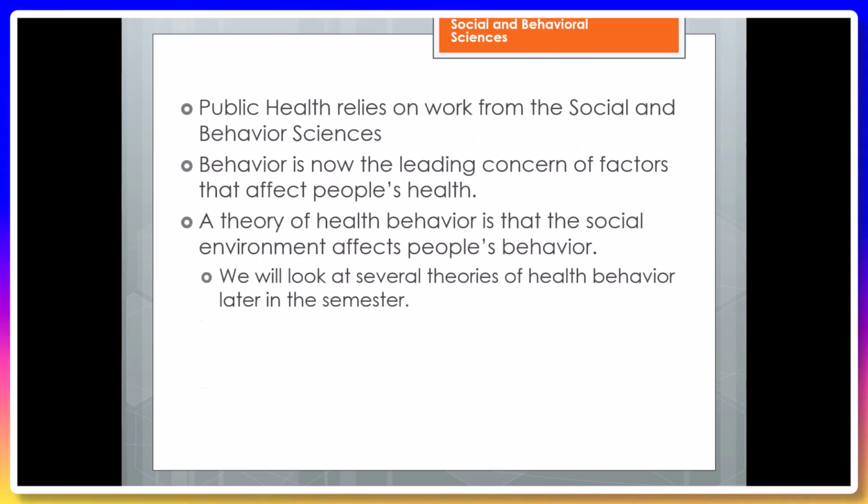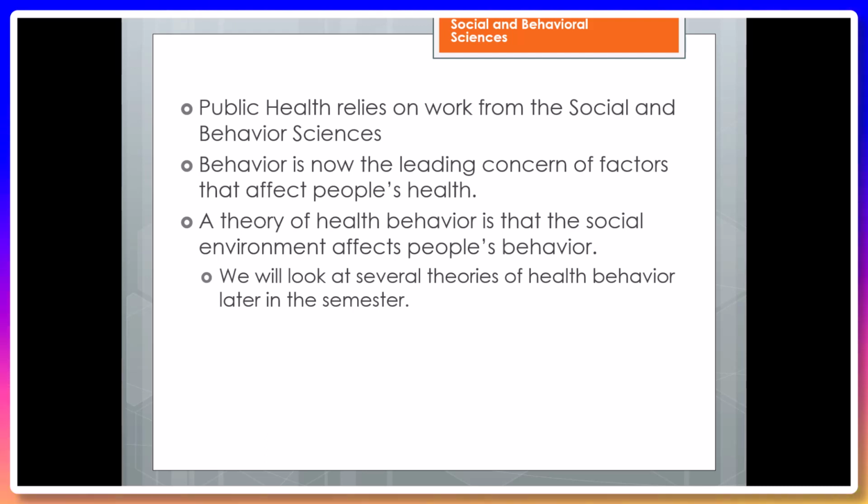The next is social and behavioral sciences. Behavior is now the leading concern in terms of factors that affect people's health. And public health relies on the work of the social and behavioral sciences. So we use a lot of their theories that they have tested. A theory of health behavior is that a social environment affects people's behavior. This is an example. We will look at several other theories of health behavior later in the semester.